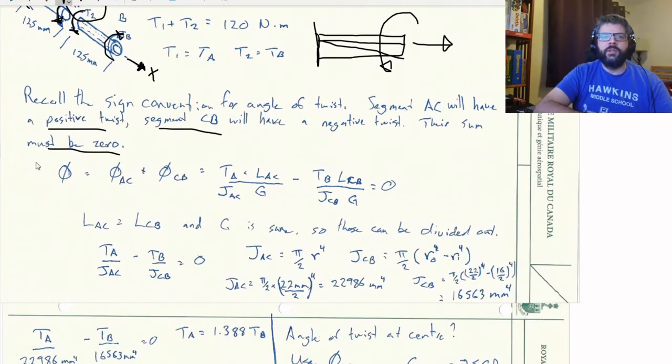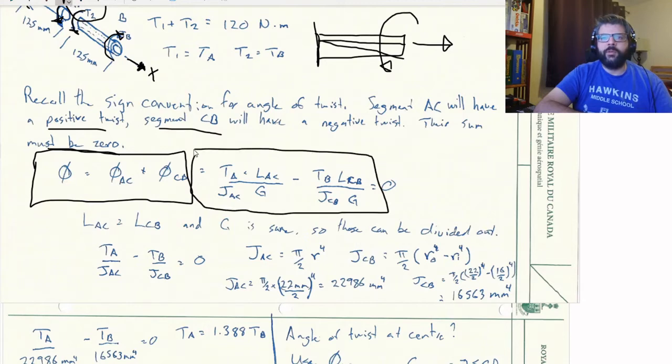So that is equal to that. We got the formulas here for how much something twists over its length. So the torque times its length divided by J times G. And then all that equals 0, since that's our compatibility condition.